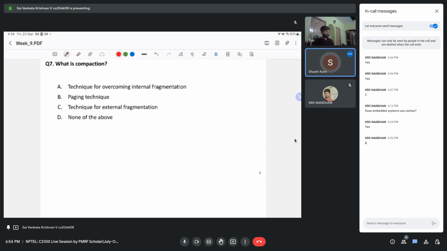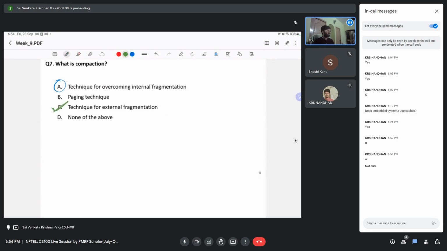Shashikant says option A. Any other guesses? Nandan, any guess you want to try? Right, option A. So the correct answer is option C.